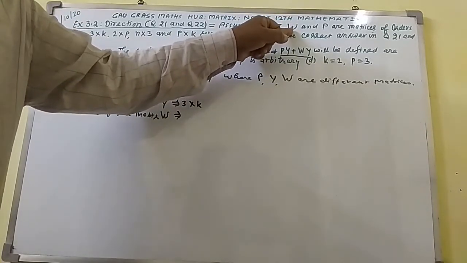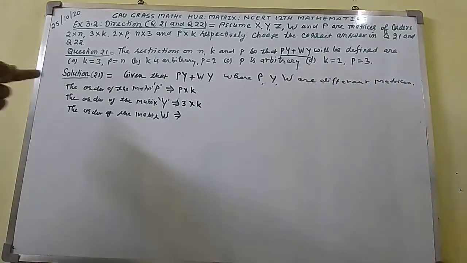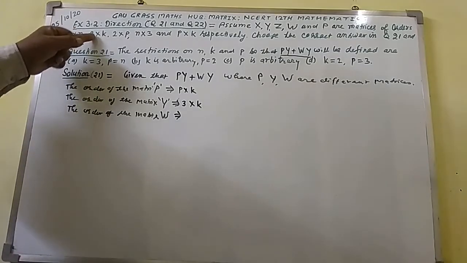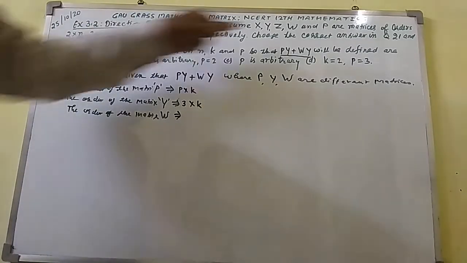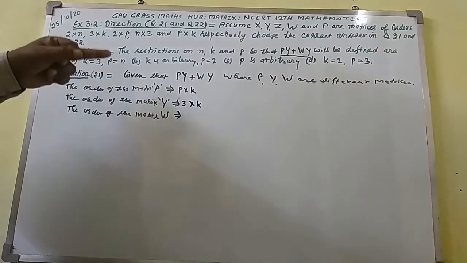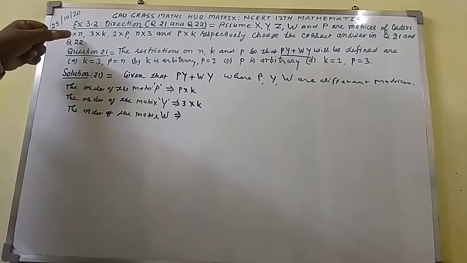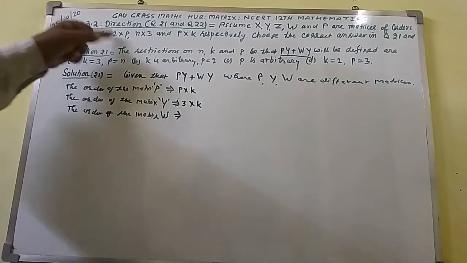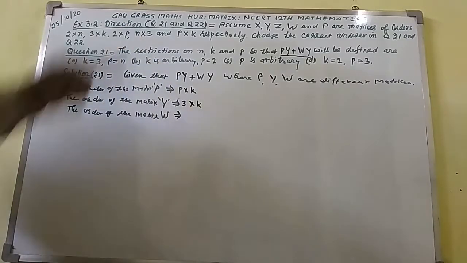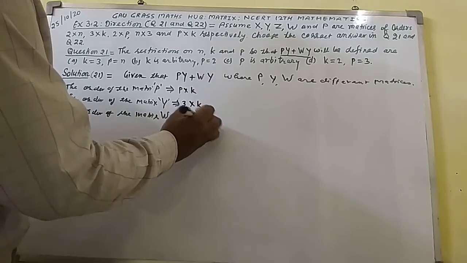The matrix W is available at the fourth position. Therefore, the order of the matrix W will be n × 3.